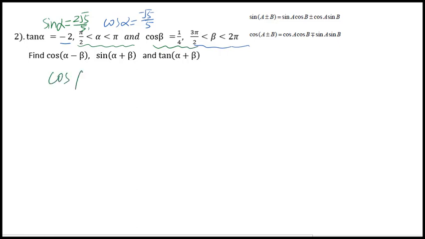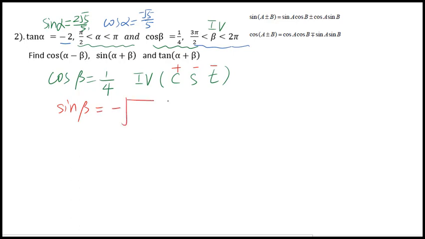Cosine beta equals 1/4. Beta is between 3 pi over 2 and 2 pi. That is the fourth quadrant. So for the fourth quadrant, CST, cosine will be positive. The other two are negative. Therefore, sine beta equals negative square root of 1 minus cosine squared beta.